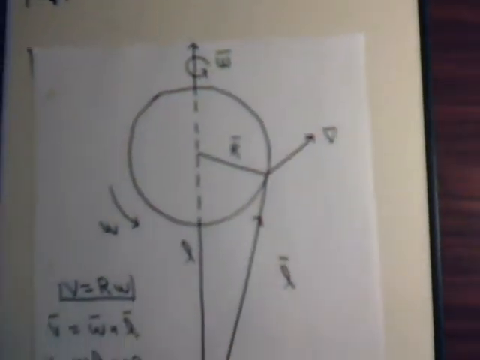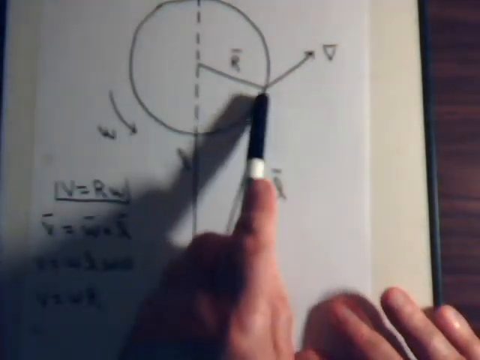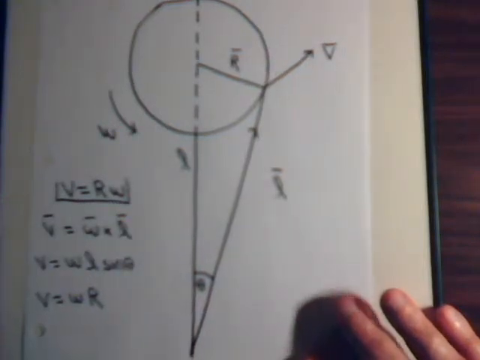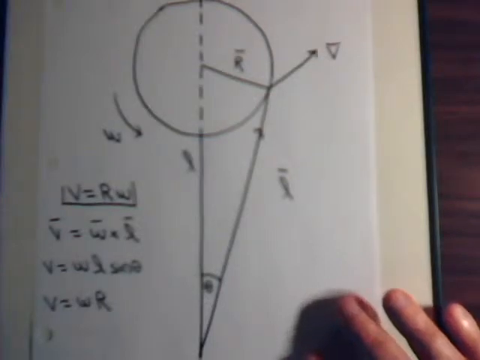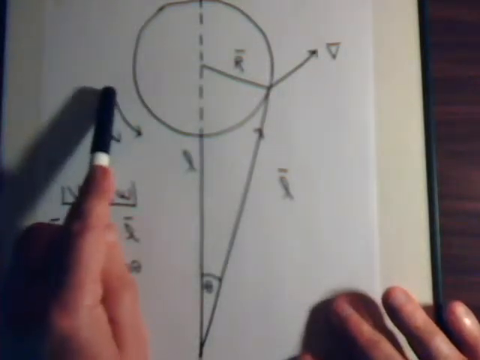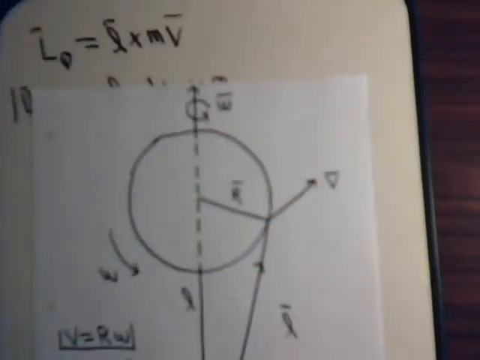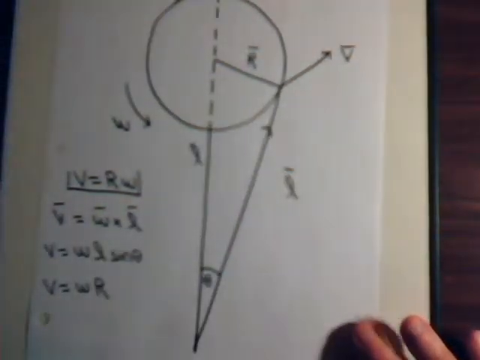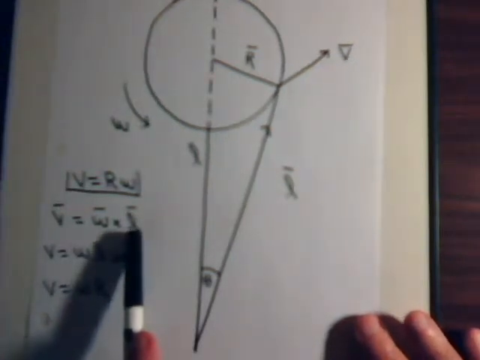Now the linear velocity, or the tangential velocity, is of course the radius of the circle times the magnitude of the angular velocity, omega. What we want to show is this: we have the angular velocity vector pointing up in this direction, and we have L. If we take the cross product of omega cross L, what is that?